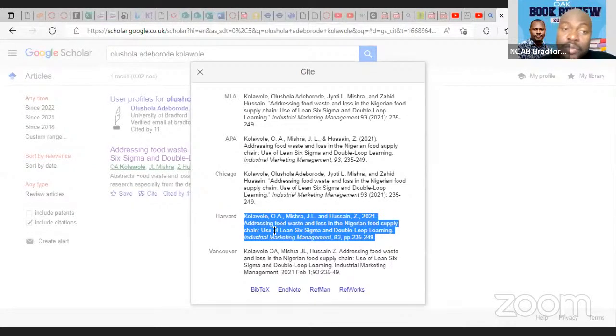You keep it there. It will not automatically copy. It doesn't do that. I think it's only EndNote. This is manual. I'm only showing you some shortcuts to referencing in terms of Harvard, because we want to use Harvard referencing. But through Google, if you have the time, you can just copy, put it there, copy, put it there. Is that okay?